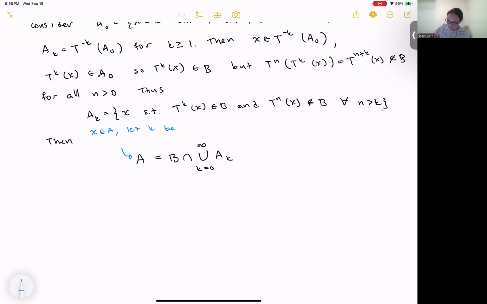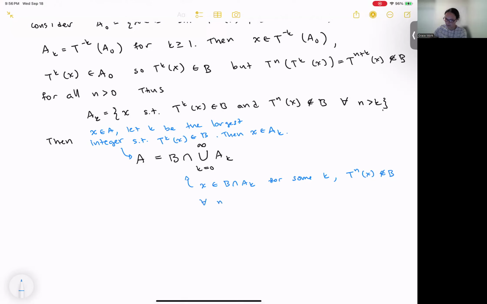So let's let k be the largest integer such that t sub k of x is in B, then x must be in A sub k. And if we think about ourselves on this other side, if x is in this intersection for some k, then t to the n of x is not in B for all n greater than k.